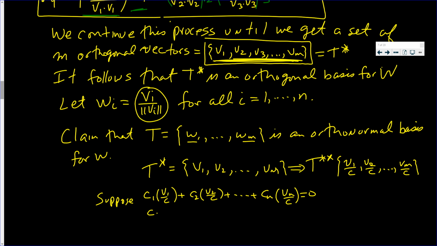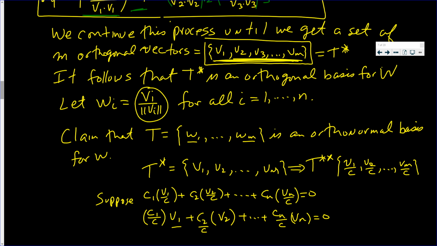But this is the same as C1 over C times V1 plus C2 over C times V2 all the way down to this scalar times vector V sub n is 0.